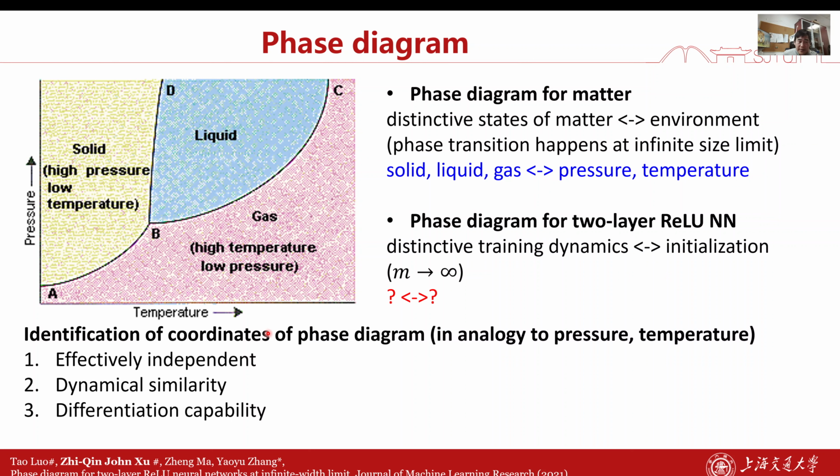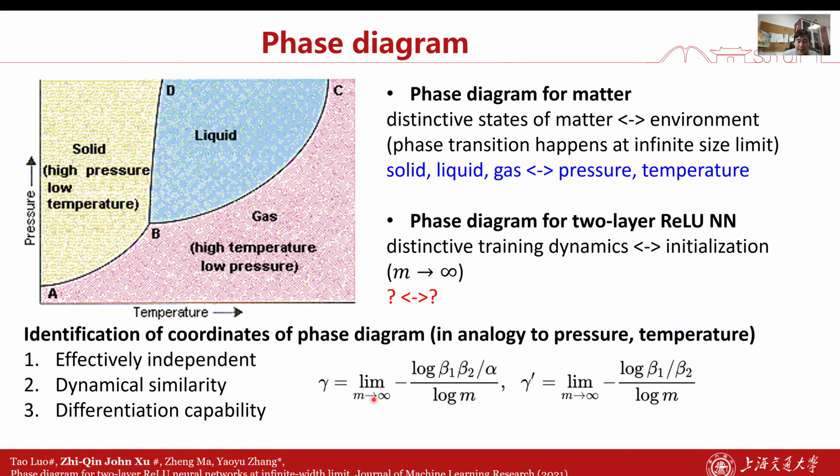And then we can identify the pressure and temperature as the effective coordinates for the phase diagram, because they are effectively independent and they have dynamical similarity. If you have the same pressure and temperature, then the states are similar, and it has this differentiation capability. If they are different, their dynamic states will also be different.